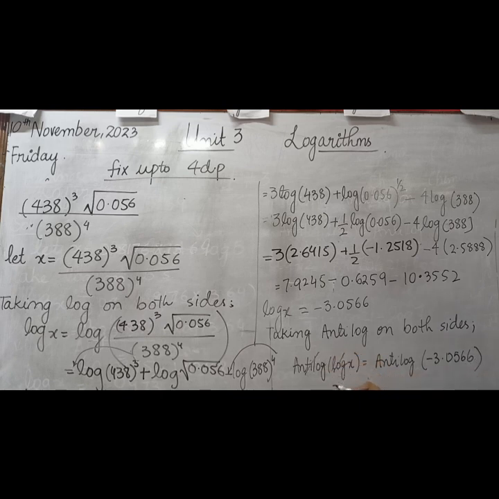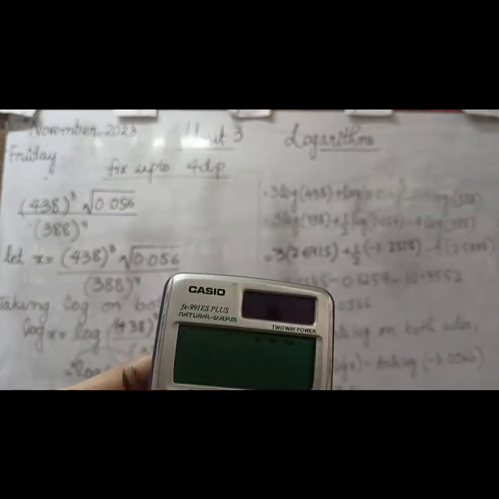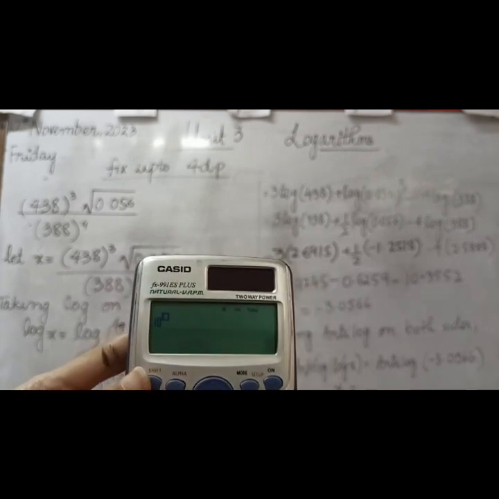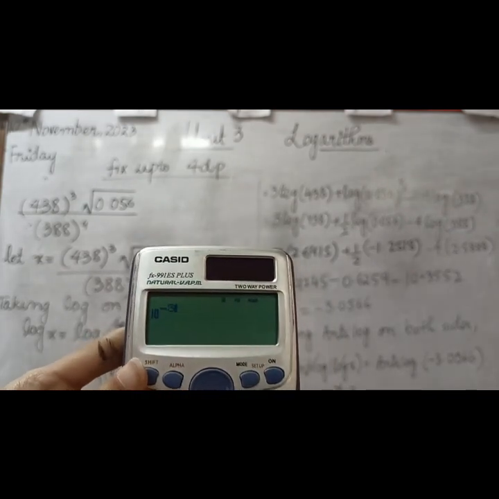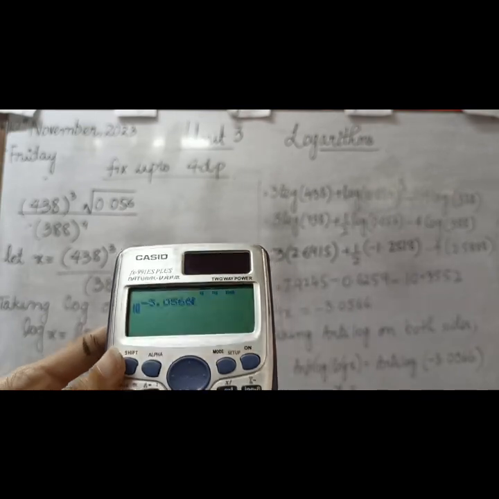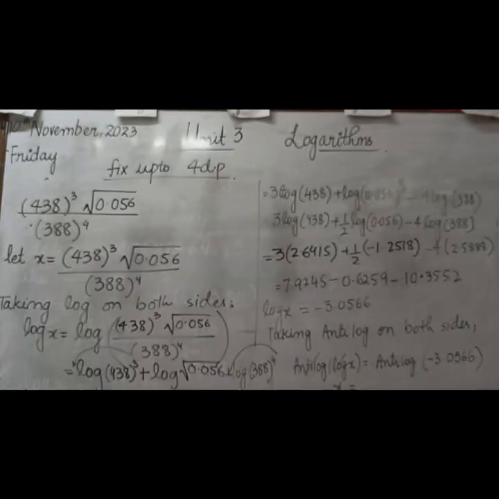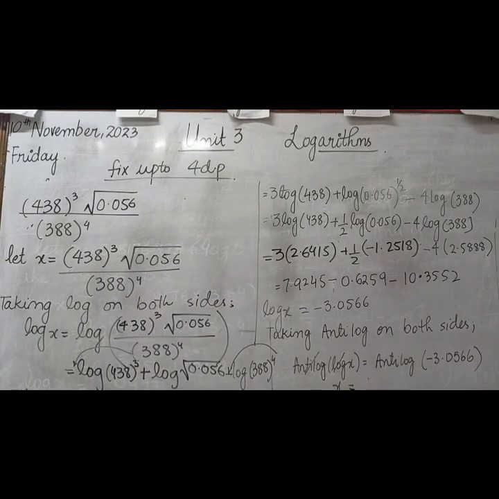This will be cancelled and we have x is equal to, now to find out the anti-log, look at the calculator again, press shift log and then write the number minus 3.0566 which is equal to 0.0009.